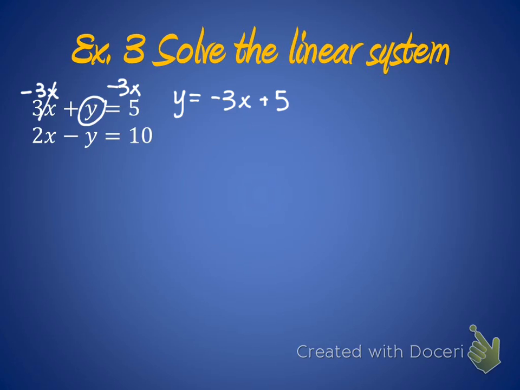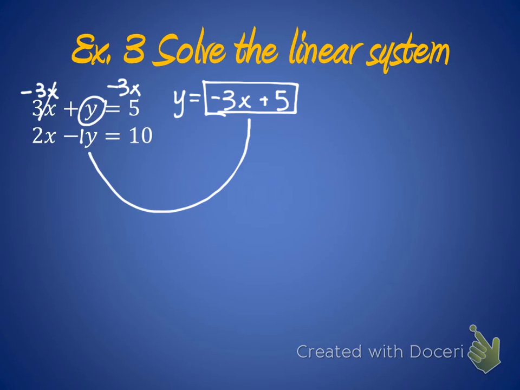Now, time out. Before I go plugging things in, I need to look at this second equation. What is the number in front of y? Negative 1. Let's write that because it makes a difference. I know what y equals, it equals negative 3x plus 5.